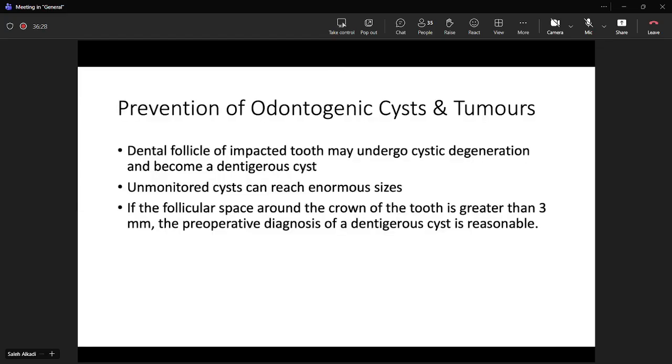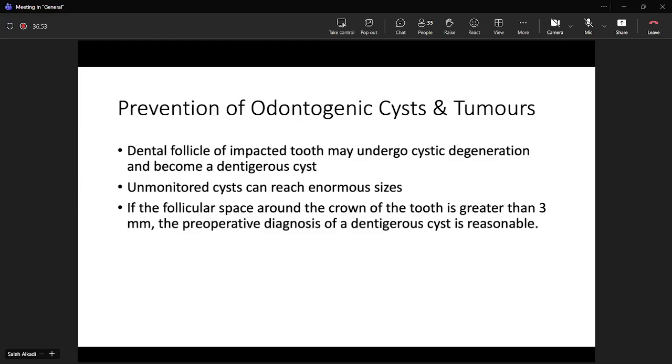Another important indication for removal of impacted teeth is to prevent odontogenic cyst and tumor formation around them. We know that dental follicles around impacted teeth may undergo some cystic degeneration and become a dentigerous cyst. This is the common cyst of the maxillomandibular region.